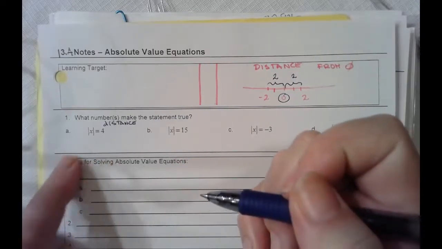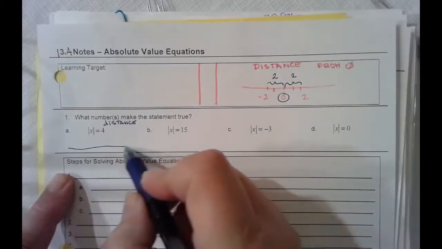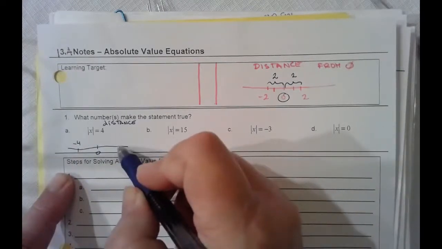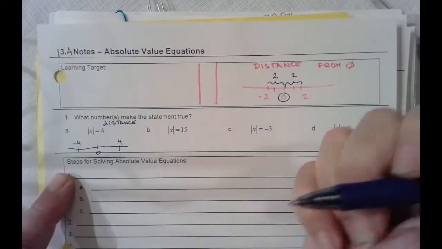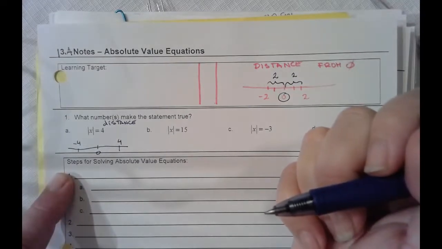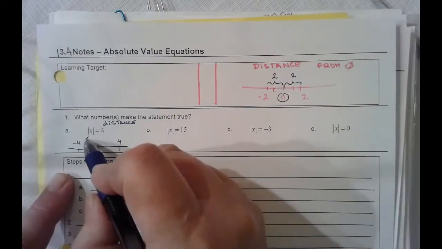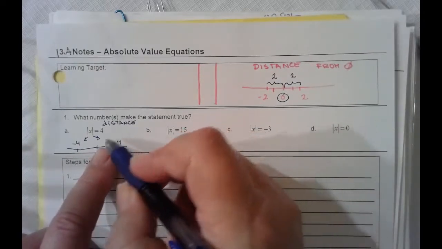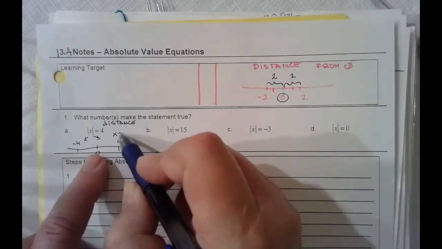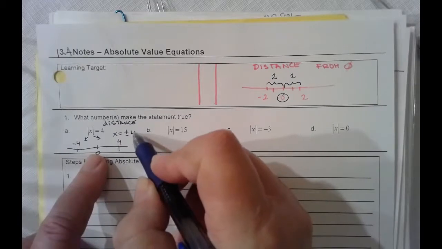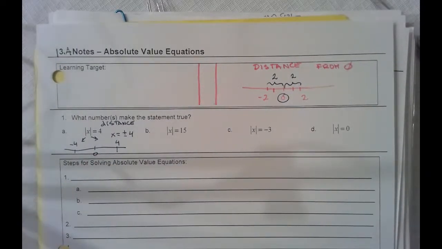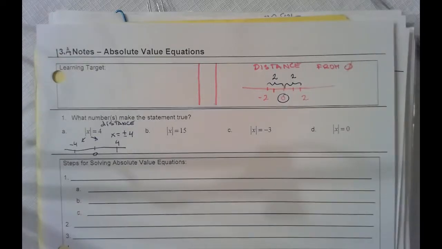One possibility is that my number is negative 4, and my other possibility is that my number is positive 4. So x is equal to positive or negative 4, because I have two choices: one is negative 4, and the other is positive 4.